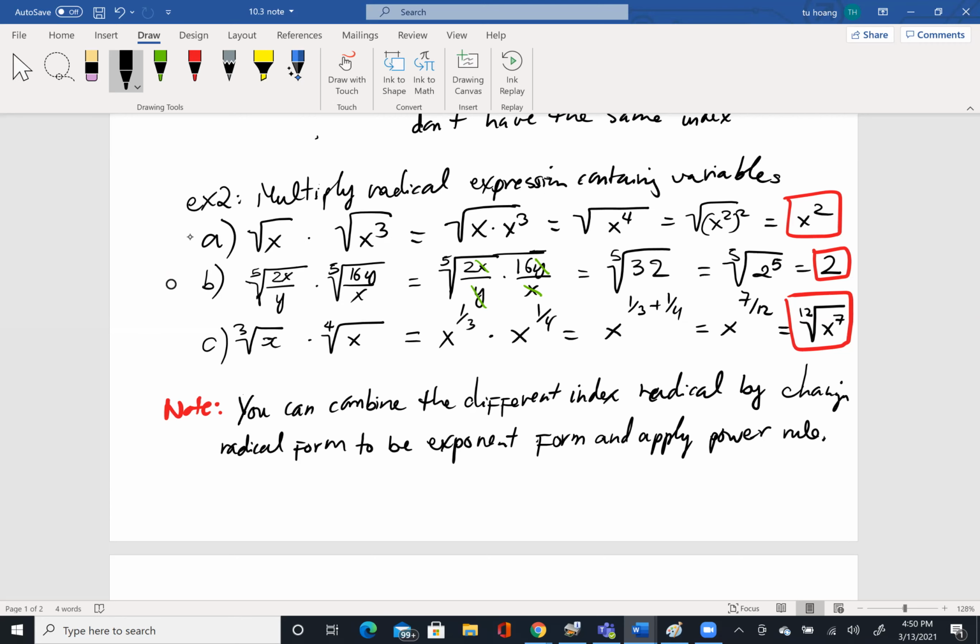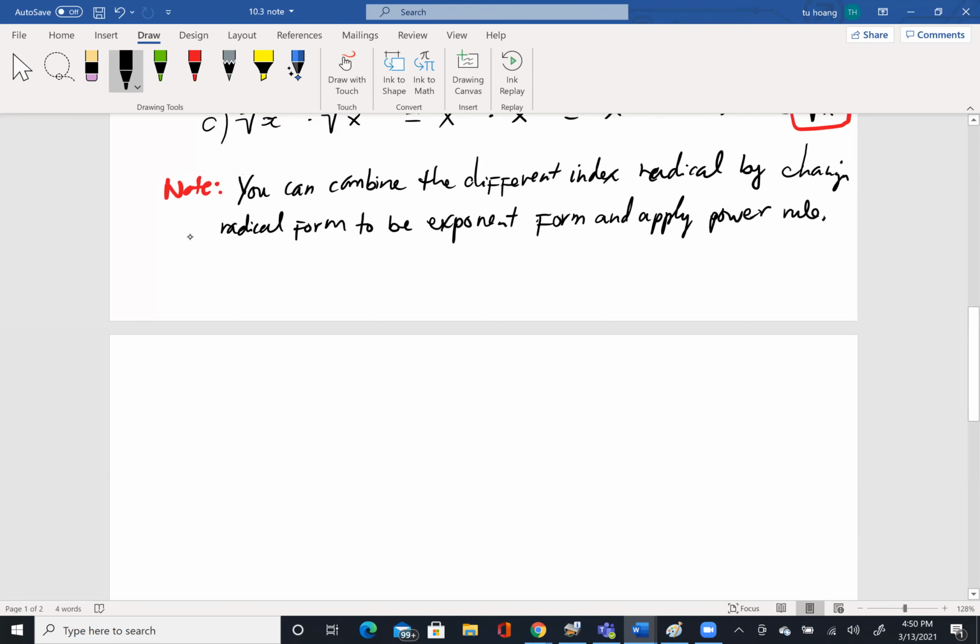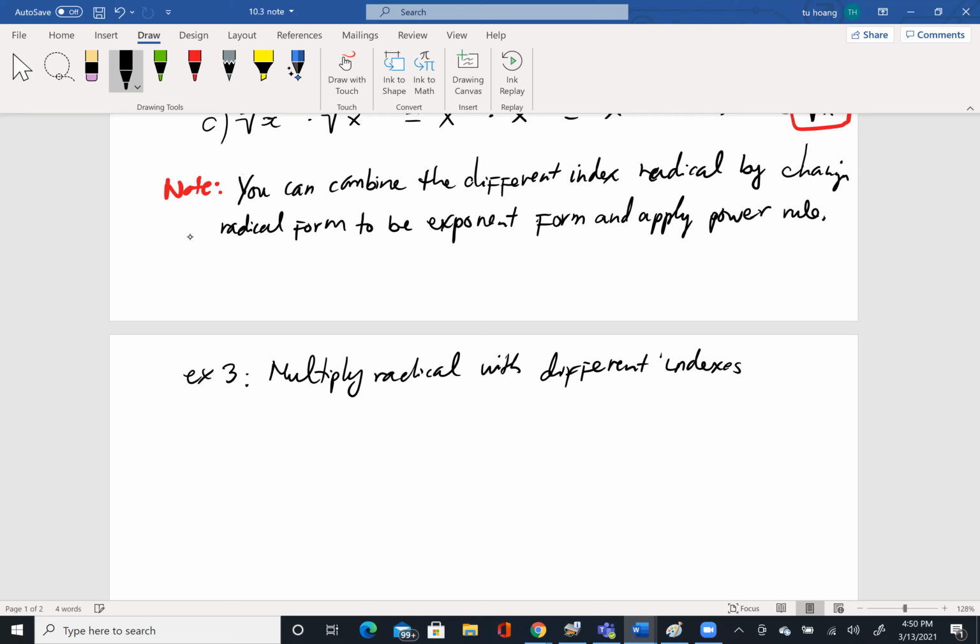So let's have some more examples. Example 3: multiply radicals with different indexes. Say you have the square root of 5 multiplied by the fourth root of 5.